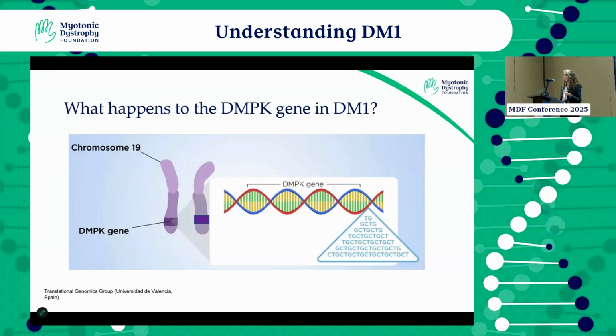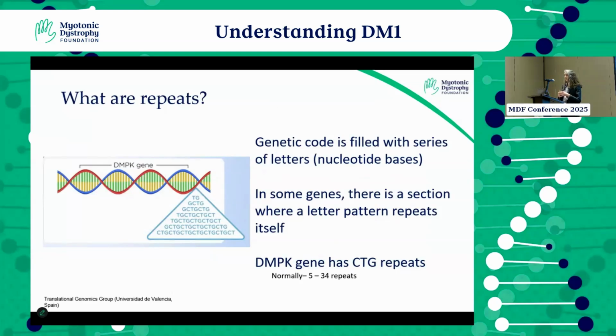And what happens to the DMPK gene in DM1? Genetic code in general is filled with series of letters, and these are nucleotide bases. In some genes, there is a section where a letter pattern repeats itself, and that is what happens in the DMPK gene. If we take this section here and blow it up, there are CTG repeats.